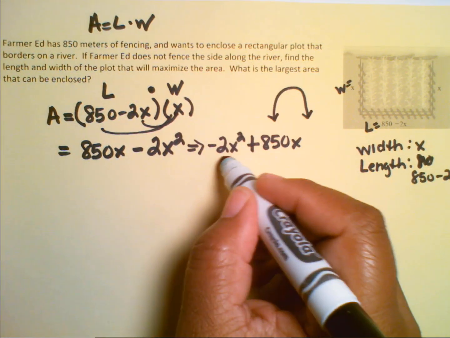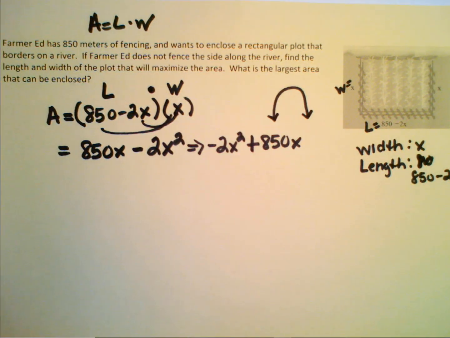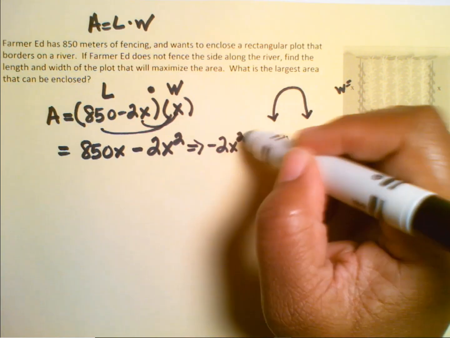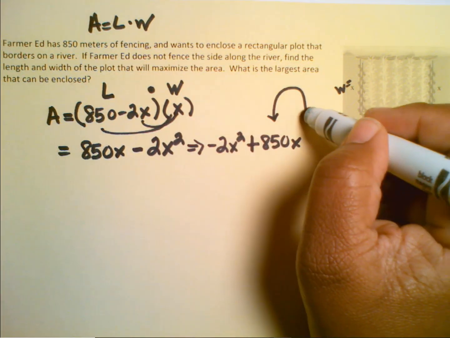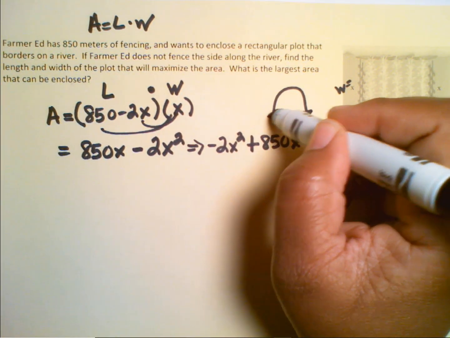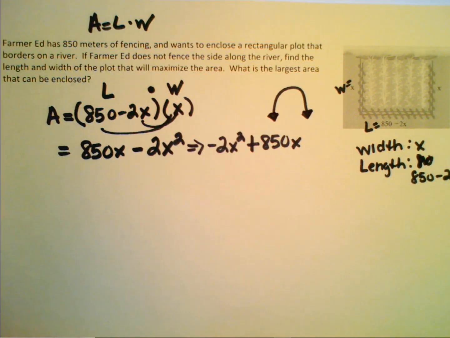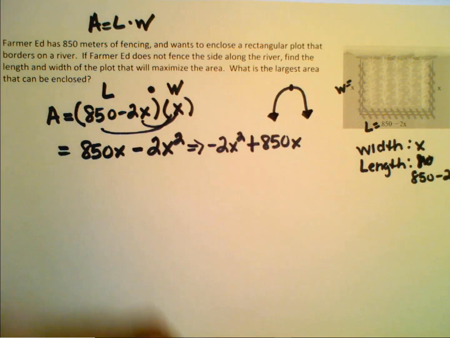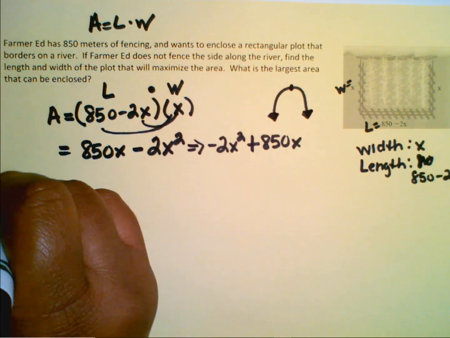Since our a here is negative 2, this is a parabola, because the highest degree is x squared, and because the 2 is negative, it's going to open downward. So we want to find the maximum value.